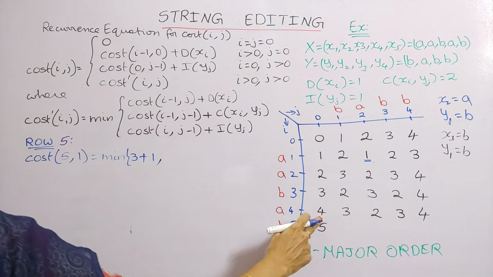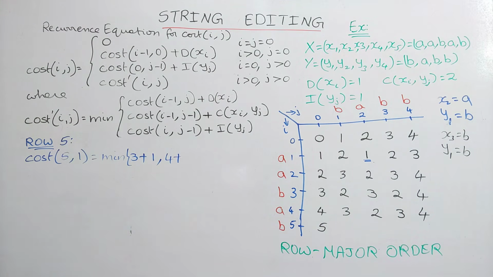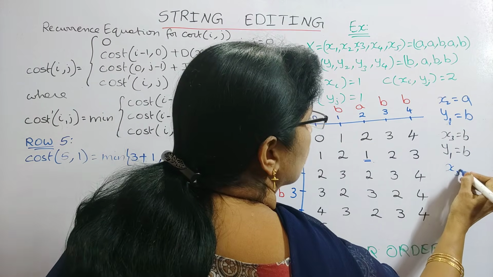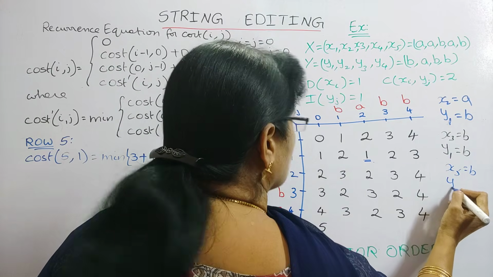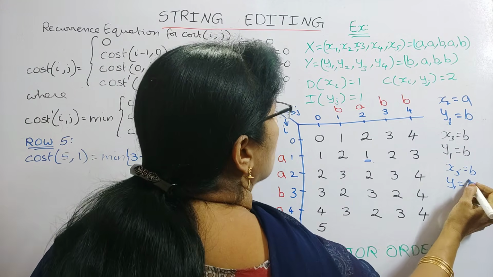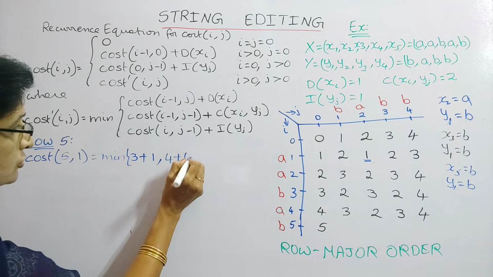4, 0 is how much? 4, 0 is 4. It is 4 plus the change operation, change of x5 to y1. So what is x5 here? x5 is b and y1 is also b. So no need to change those two symbols.